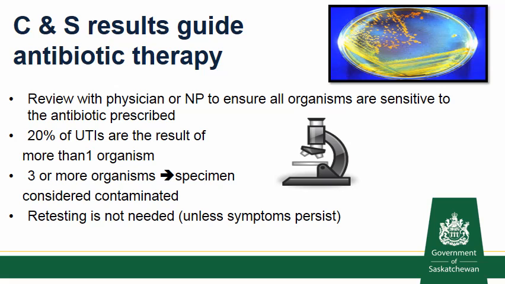If 3 or more organisms are found, then it is assumed that the specimen was contaminated and you may need to send another one. As mentioned previously, retesting after treatment is not needed unless symptoms persist. During treatment, it is important to continue to push fluids and monitor if the resident's symptoms are improving on the antibiotic therapy.